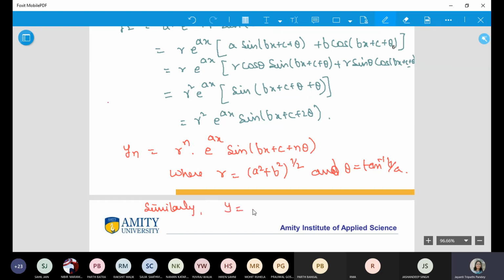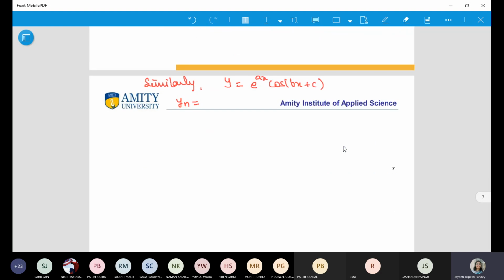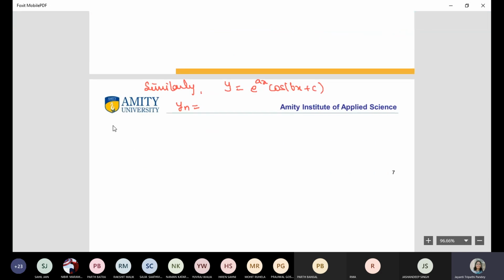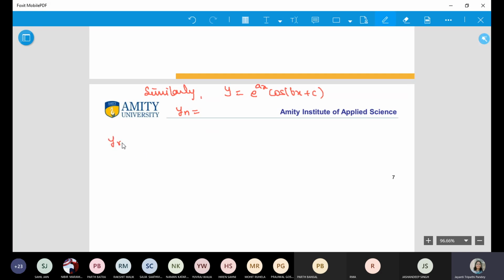Similarly, when y is e to the power ax cos(bx plus c), then yn is, I'm writing it directly, you can check, yn is, now I'm not writing r in it, I'm writing it directly. (a square plus b square) to the power n by 2 into e to the power ax cos(bx plus c plus n tan inverse b by a).